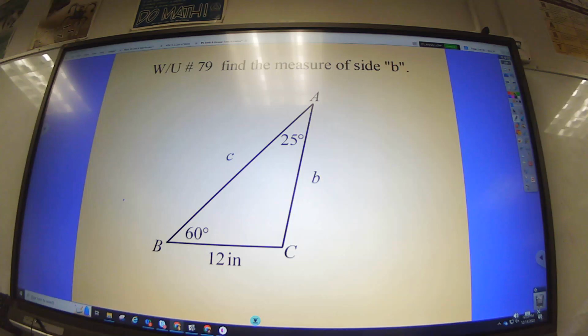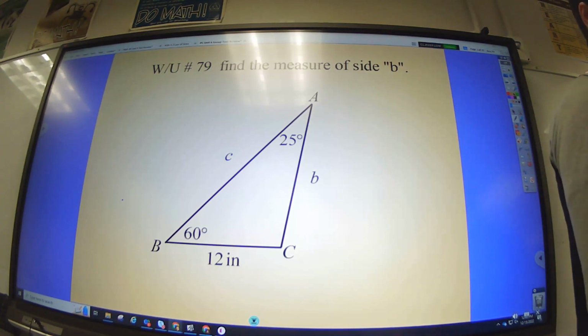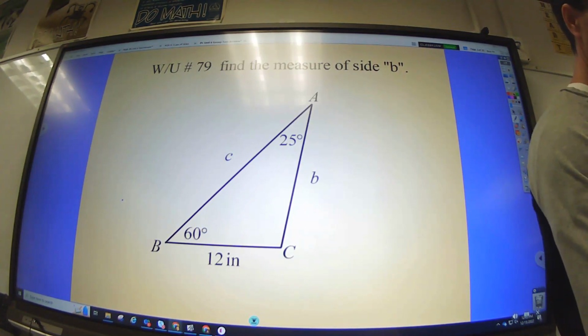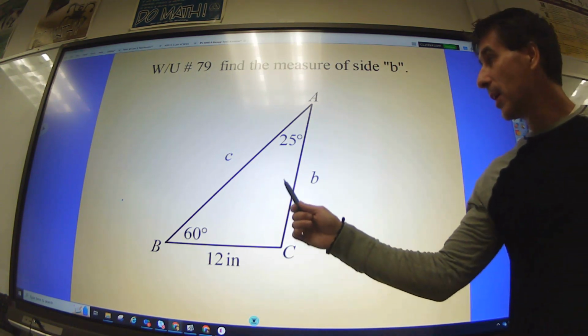What do I use? Law of sines or law of cosines to solve for the measure of angle A? Tell me in your group, what am I going to use? Cosine. So, if I'm solving, okay, here's where it gets hard. If I'm solving for angle A, which side do I set it all equal to?